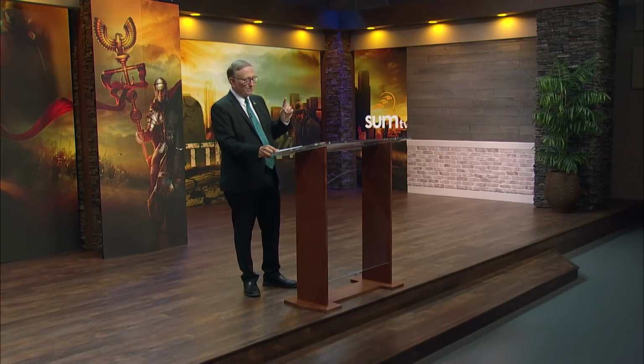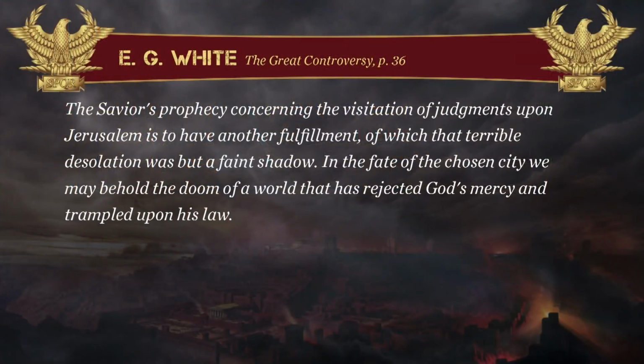Great Controversy, page 36. The Savior's prophecy concerning the visitation of judgments upon Jerusalem is to have another fulfillment, of which that terrible desolation was but a faint shadow. Now, if you want to see how terrible Jerusalem was, just read Josephus's works, Wars of the Jews, or read the first chapter of the book Great Controversy.